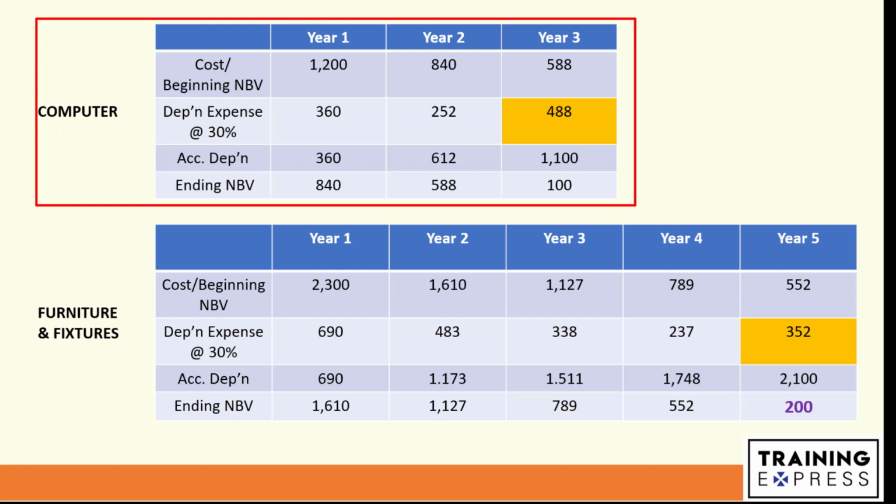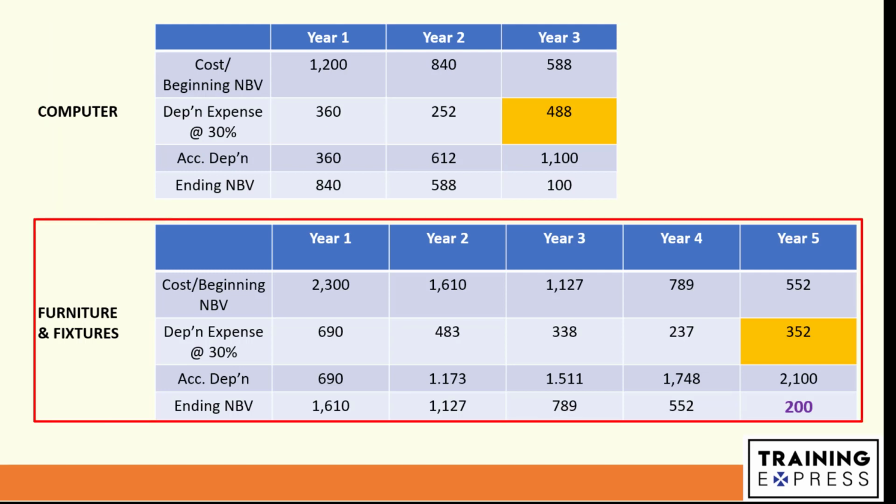So now here we will take the balance as depreciation expense. In other words, we assume that the residual value would be $100 at the end of 3 years. So it means the accumulated depreciation will be $1,100. So the difference will be treated as depreciation, which is $488.